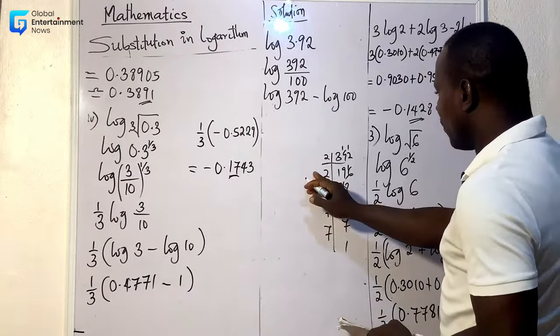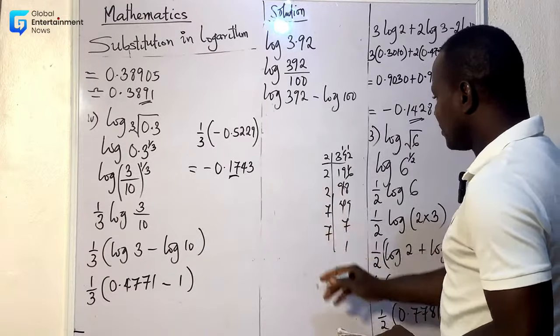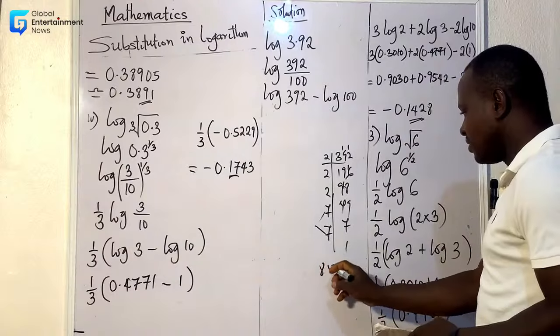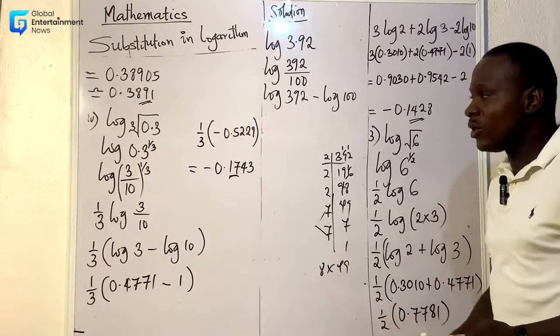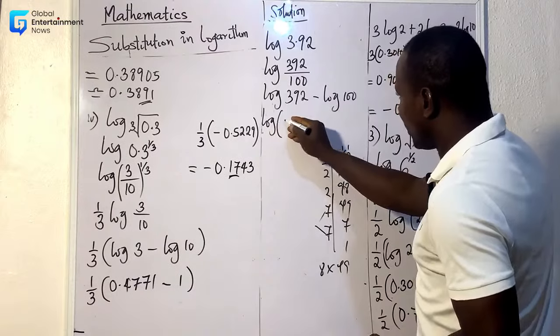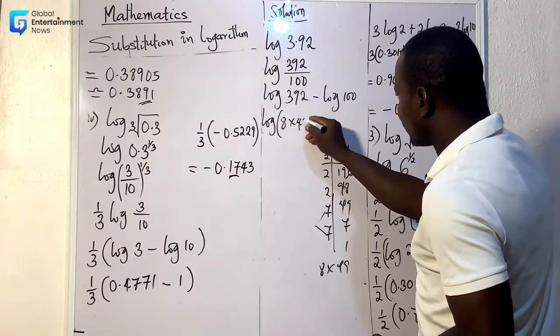So 2 times 2 is 4, 4 times 2 is 8, then 4 times 7 times 7 is 49. 8 times 49 is going to give us 392. So what we have here is log of bracket 8 times 49.